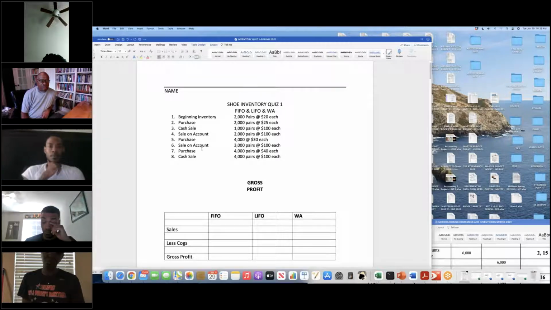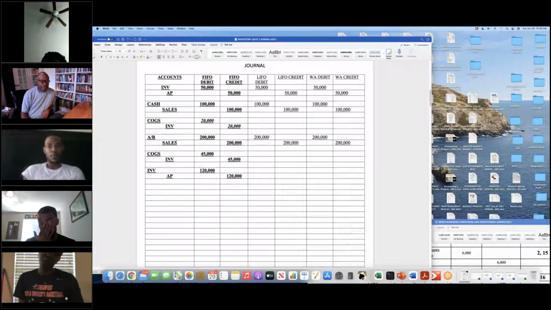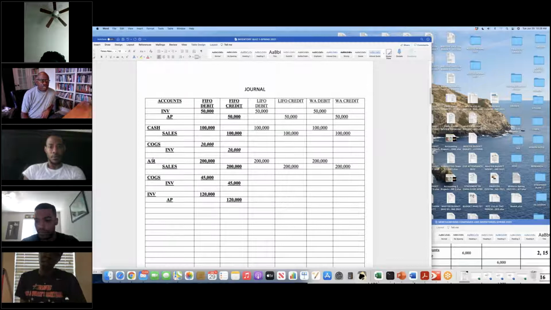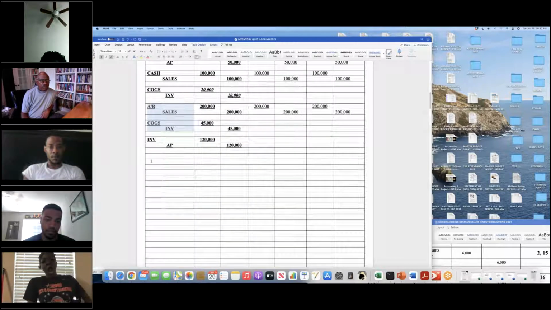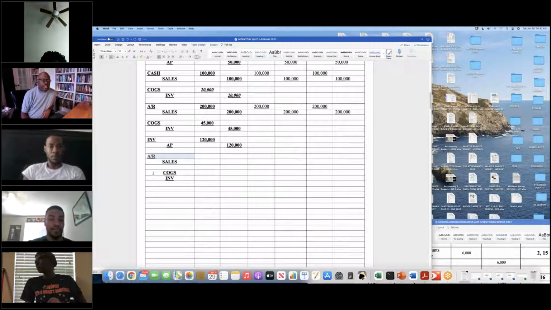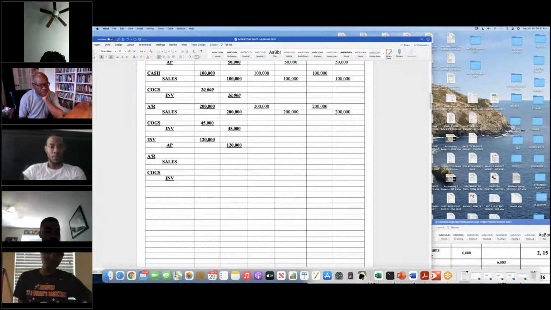Then we had a sale on account of 3,000 pairs at 100. So on the sale, we've got these journal entries to make all the time. We've got to do the sale and the cost of goods sold.